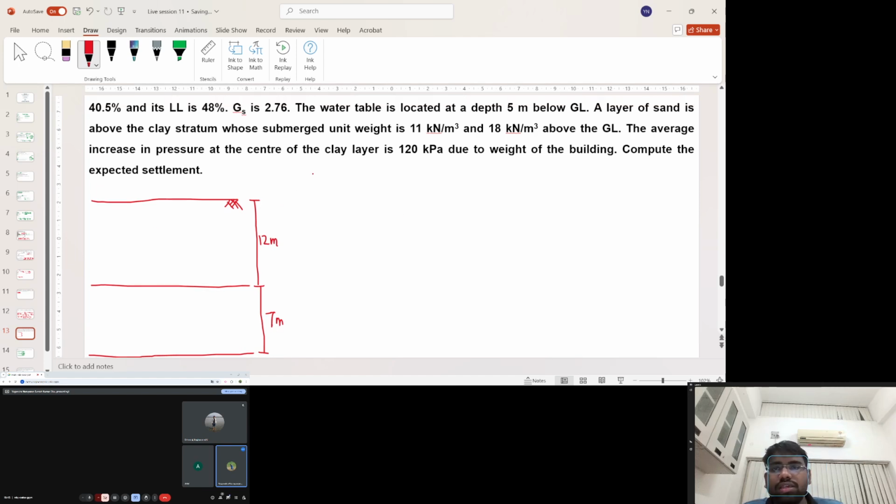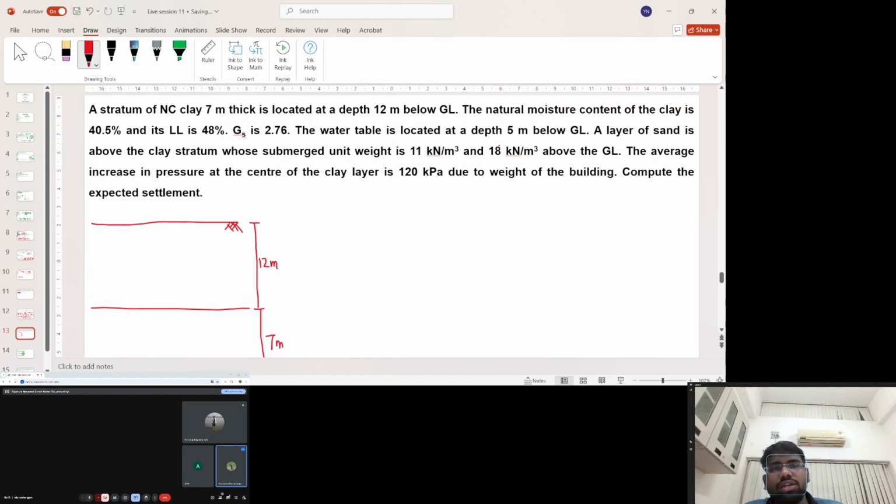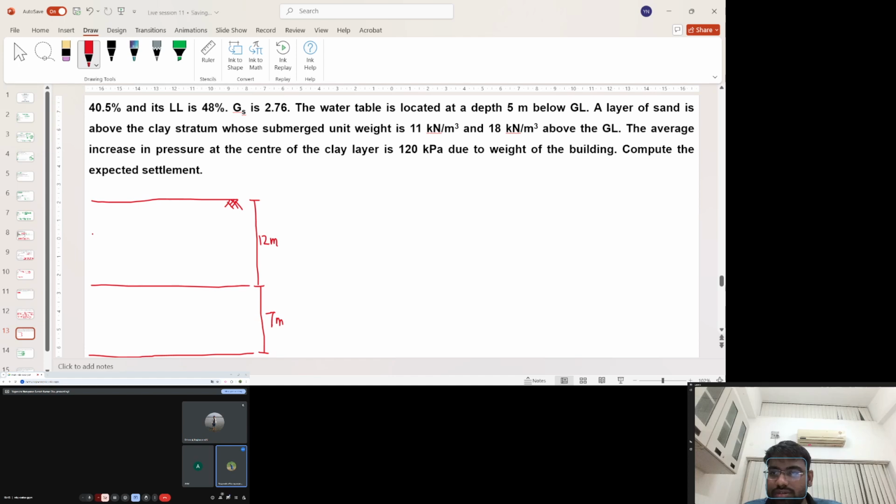Now here another thing is they have given that the water table is located at a depth of 5 meter below ground level. So this is the groundwater table, at a depth of 5 meters, then 7 meters.